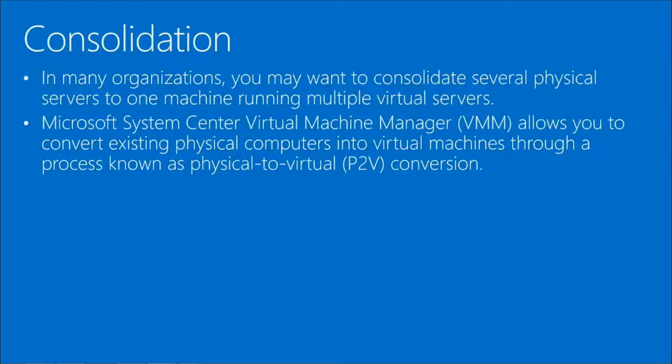Consolidation. We've talked about density and utilizing server hardware more fully, more efficiently. Consolidation enables the collapsing of multiple physical systems into single hardware. Microsoft System Center Virtual Machine Manager, so VMM, enables you to convert existing physical computers to virtual machines.